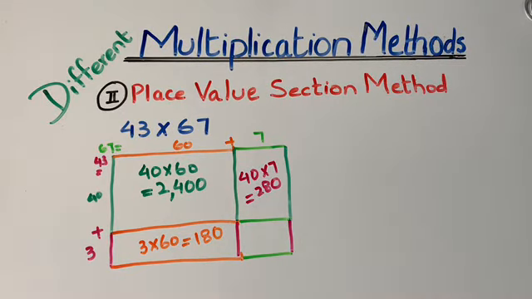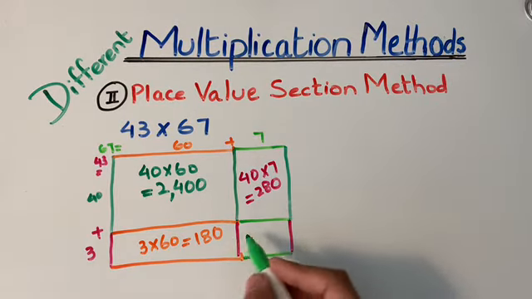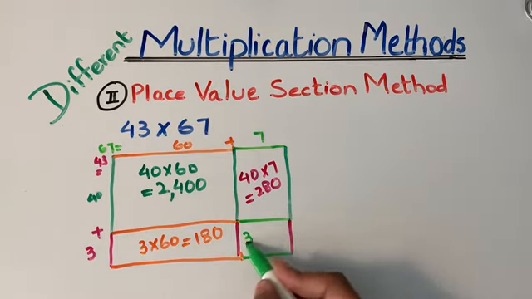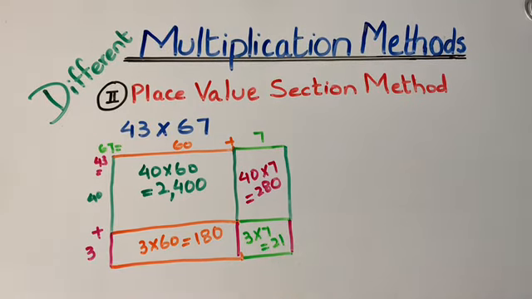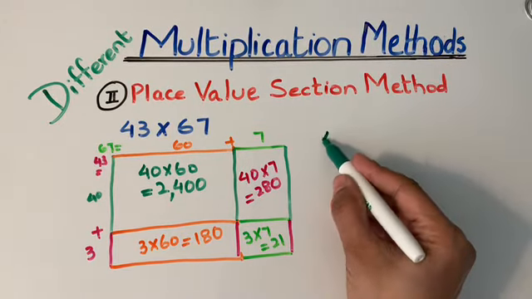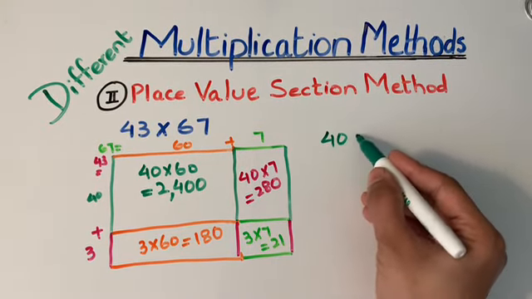So it will be 180. Right, move on to the last section. Here we have 3 and 7. So 3 times 7 is 21. Let's write the multiplication of each section over here, and then we'll combine them at the end.